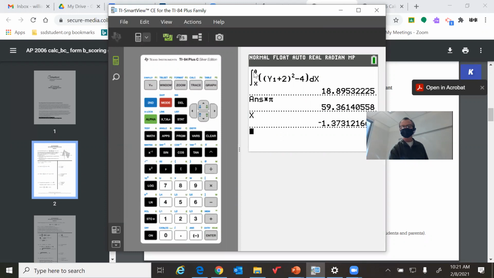From x to 0, big R squared is the function, subtract a -2, same as +2 the quantity squared, subtract 0, subtract a -2, which is subtract 4, 2 squared, times pi, and that is the volume of the curve. That's 2006 B, number 1B.